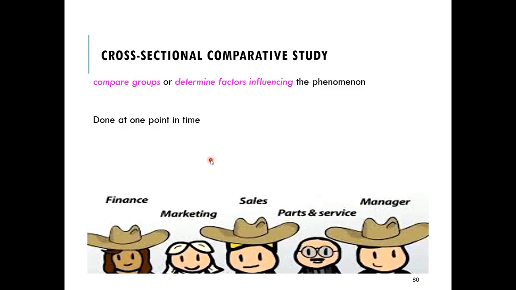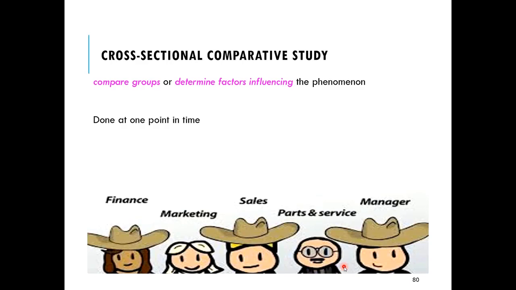Again, at one point in time, this is just to show you, for example, I want to assess that the coronavirus has affected a large number of occupations, and the people who were occupied in different occupations, and there is downsizing, and the income has been reduced.